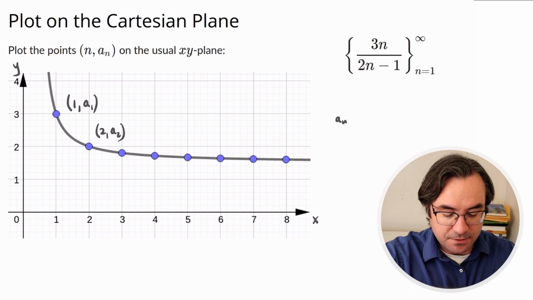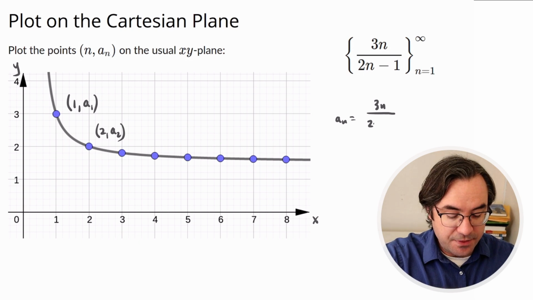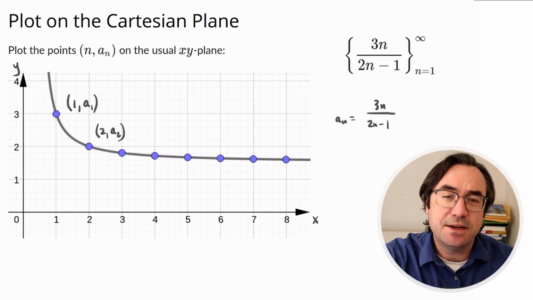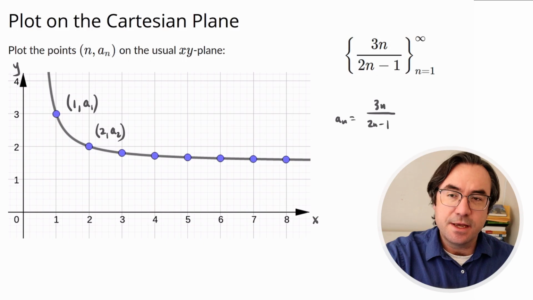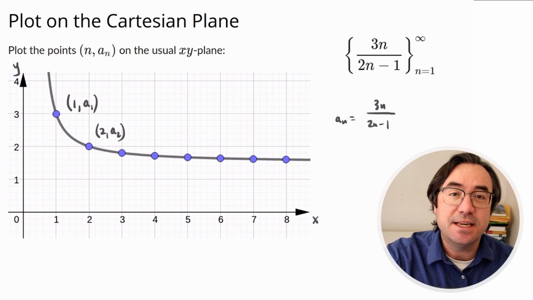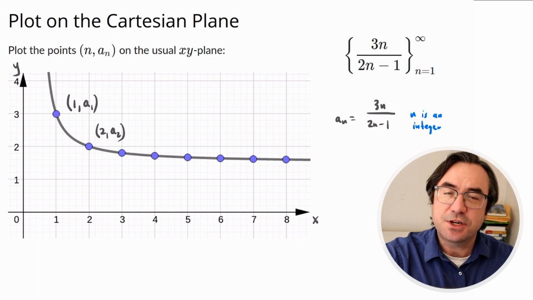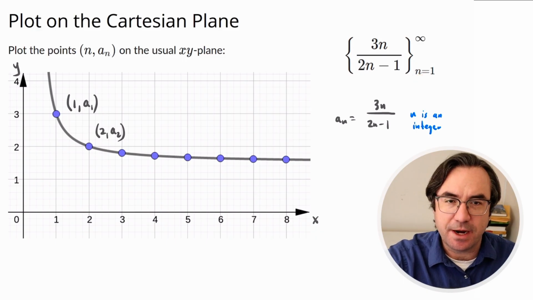All right, so let's compare. We've got our sequence. The general term, the formula for our sequence, is 3 times n divided by 2n minus 1. And the key thing here is that n is an integer. Usually it's starting at n equals 1, and then it just counts up by integers from there.